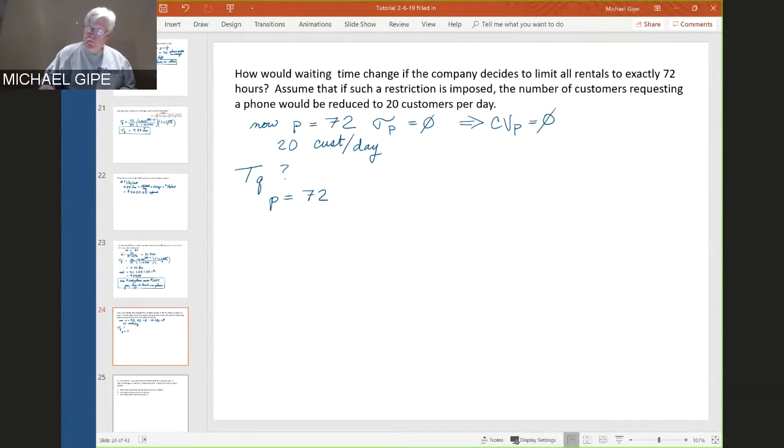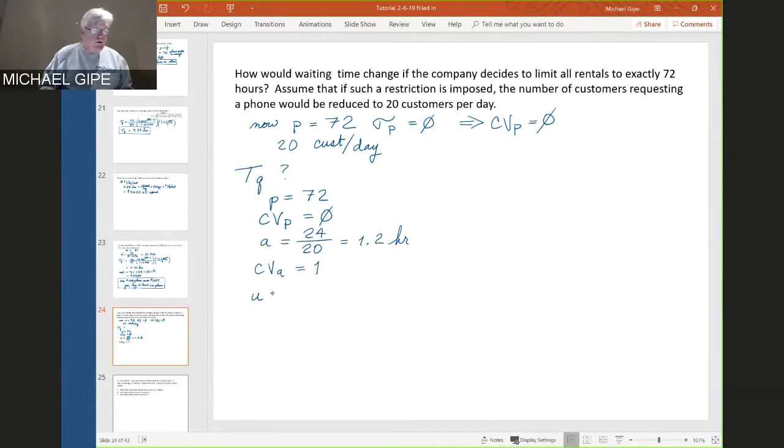P is 72. Coefficient of variation for the processing time is 0. A, the inter-arrival time, is now 24 over 20, 1.2 hours, so it's 20 per day coming in. 1 over 20 times 24 hours is the arrival time in hours. The coefficient of variability for the arrival time is unchanged at 1.